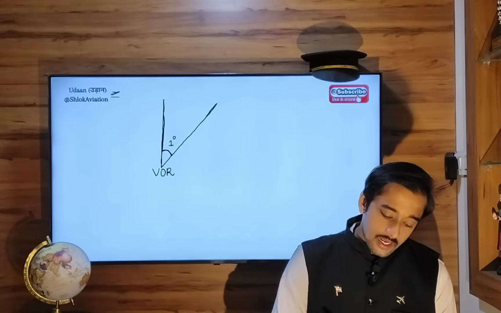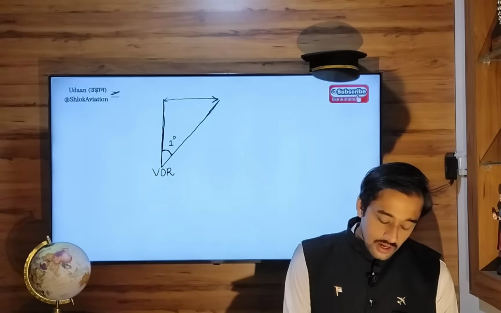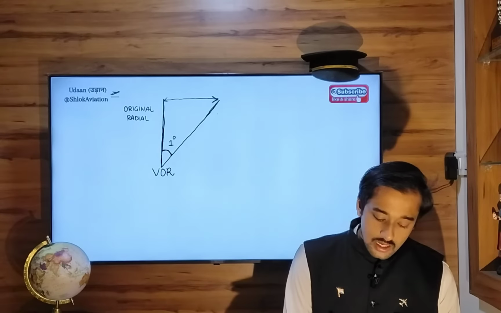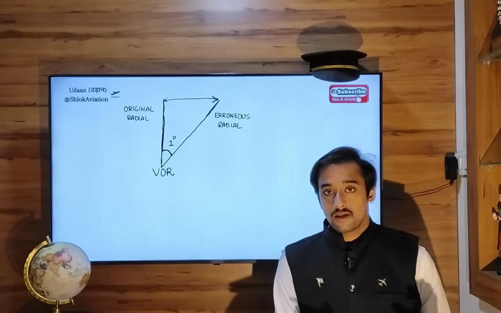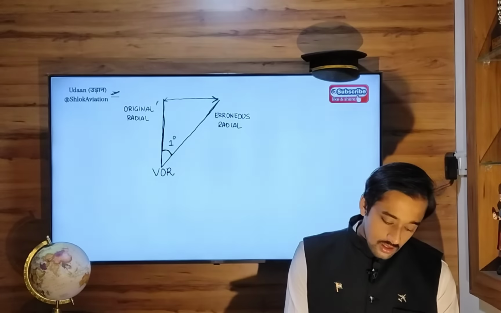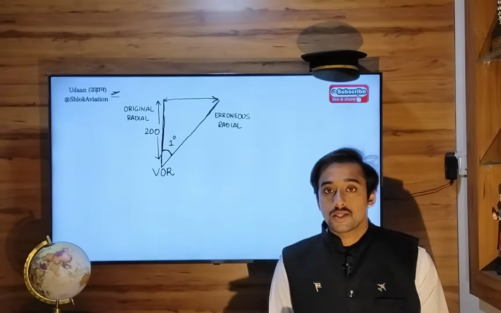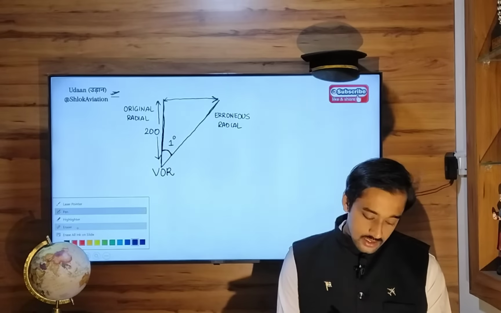Now you have to find the width, that is the distance between these two, the original radial and the erroneous radial, at what range? At a range of 200 nautical miles. Correction, 250 nautical miles.